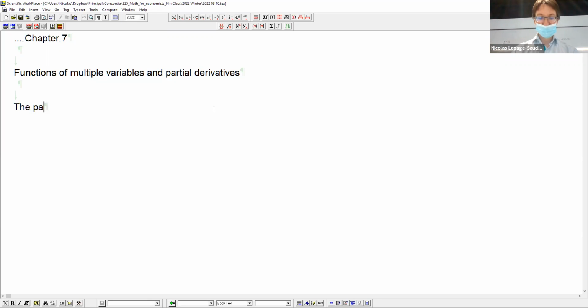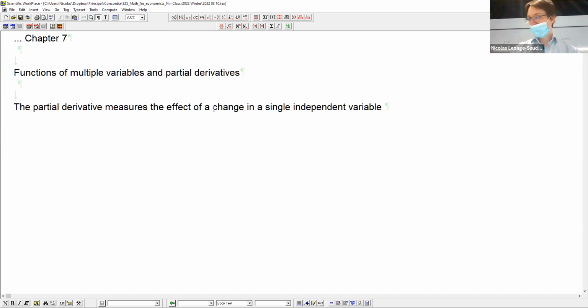The partial derivative measures the effect of a change in a single independent variable on a dependent variable, holding the other constant.